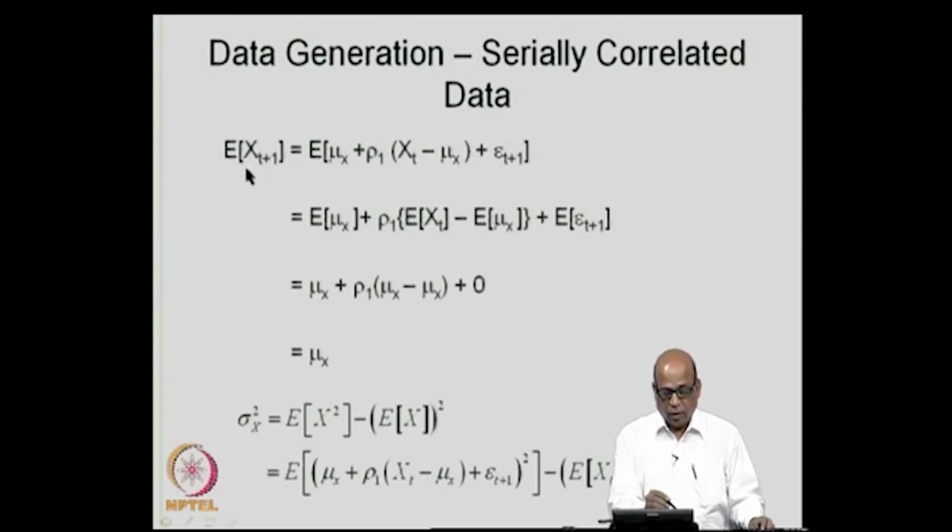We will take the model expected value. So, expected value of x t plus 1, and this is the model mu x plus rho 1 x t minus mu x plus epsilon t plus 1. So, that is expected value of mu x plus rho 1 into expected value of x t minus expected value of mu x plus expected value of epsilon t plus 1. And as I mentioned, expected value of epsilon t plus 1 is 0.